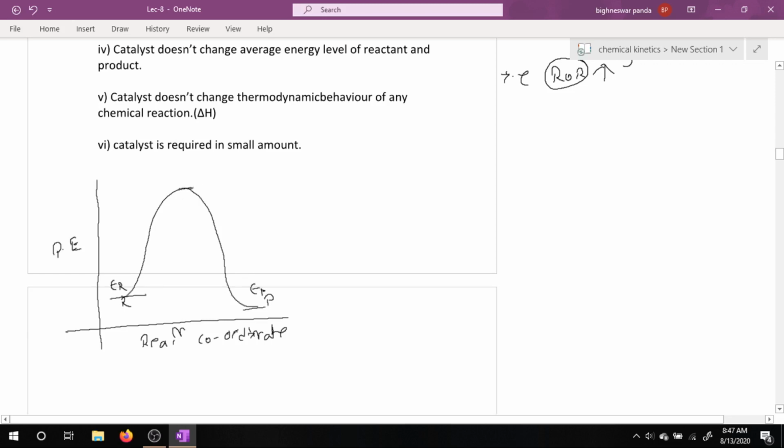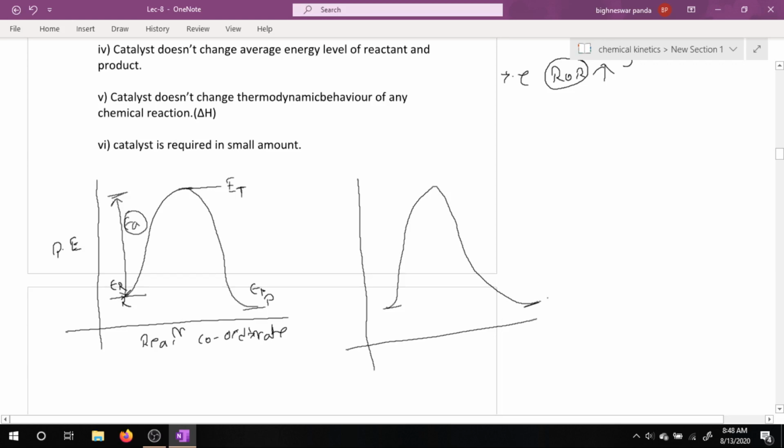The peak is the threshold energy, and the amount of energy that must be supplied to the reactant molecules is the activation energy.